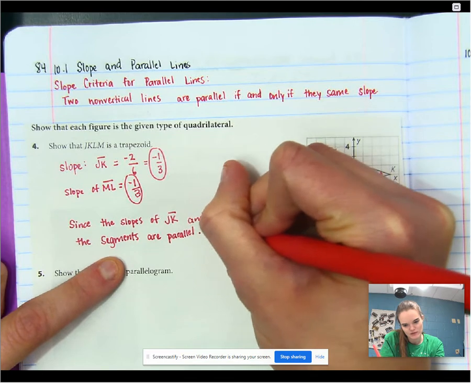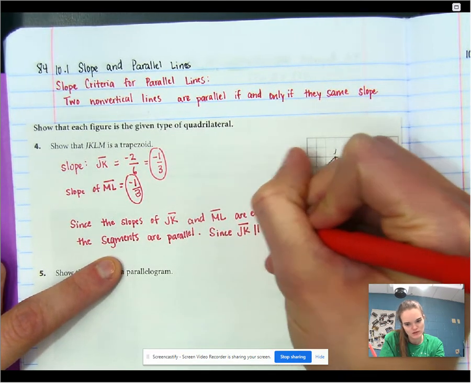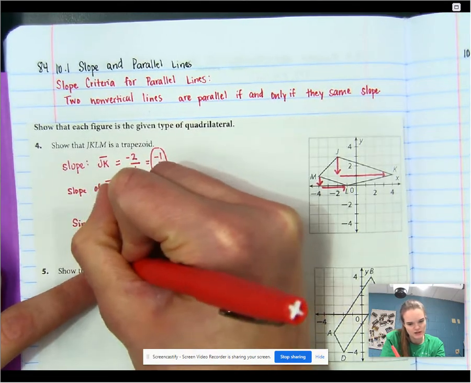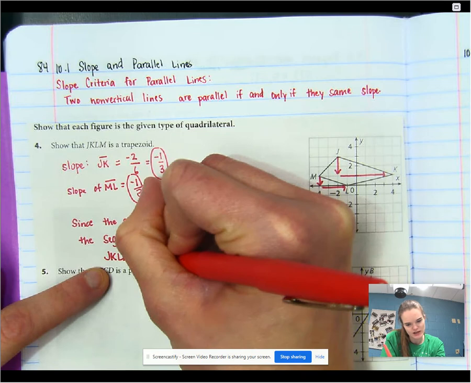Since JK is parallel to ML, JKLM is a trapezoid. Because I just had to have one set of parallel sides.